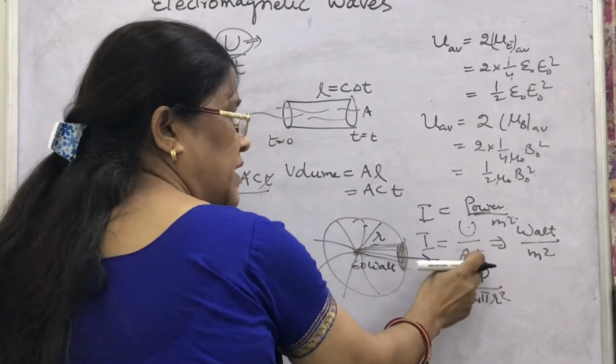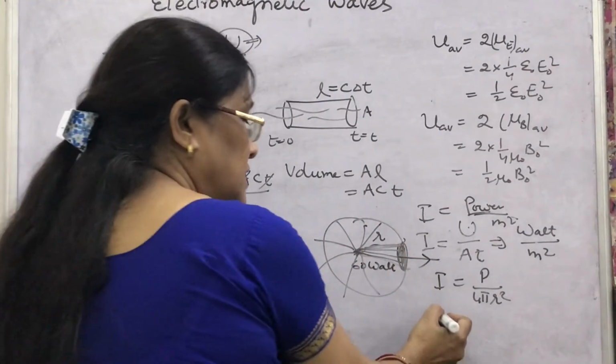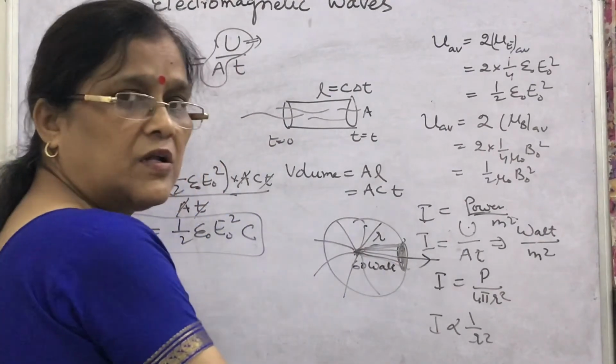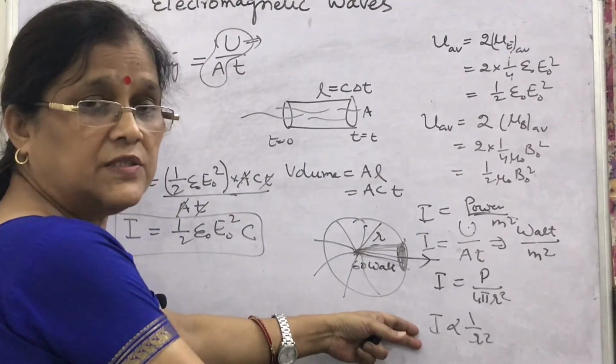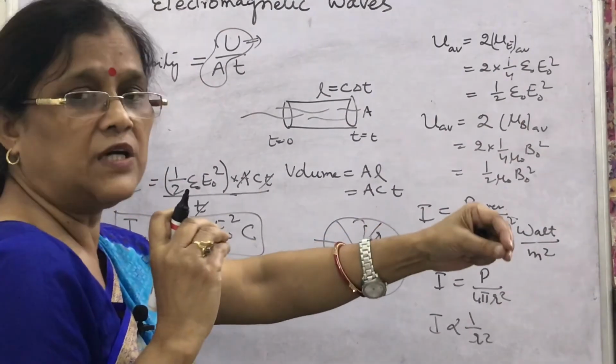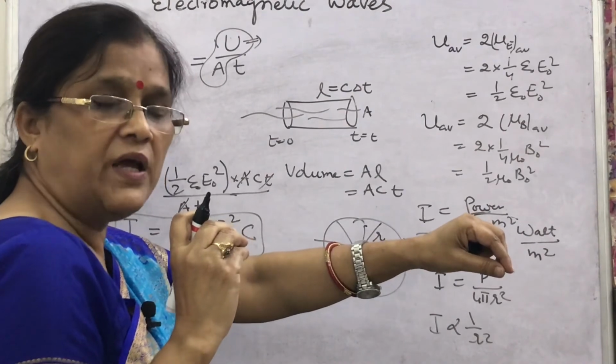This power is U by t. In this way you have seen this intensity is inversely proportional to distance square, as you have seen for a point charge in electrostatics. What was the formula for a point charge at a distance r? The electric field intensity at that point, 1 by 4 pi epsilon naught q by r square.